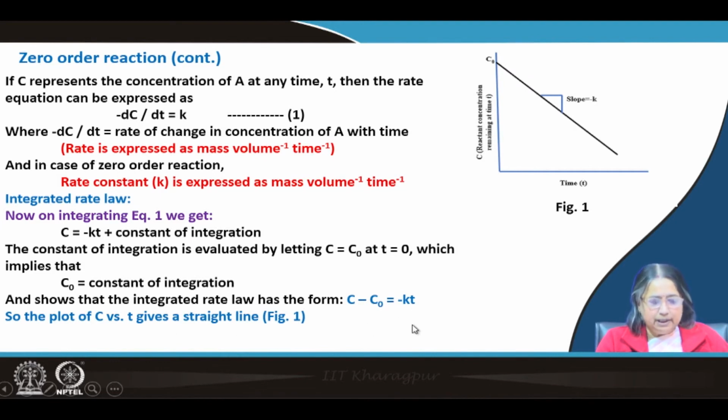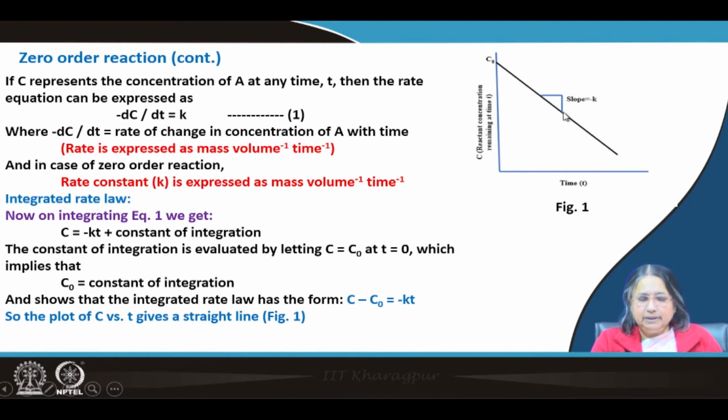Okay. So, if we plot C versus t, how will the curve nature be? If we plot t on the x axis and C on the y axis, because it is the reactant concentration, it will be with a negative slope.